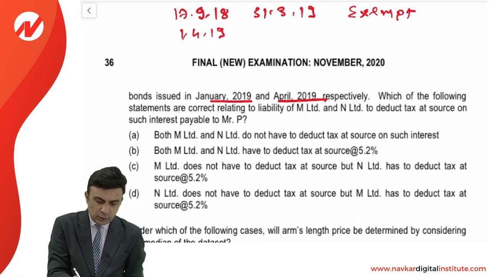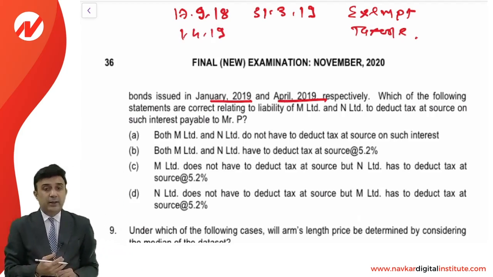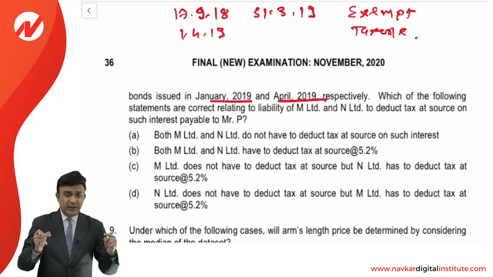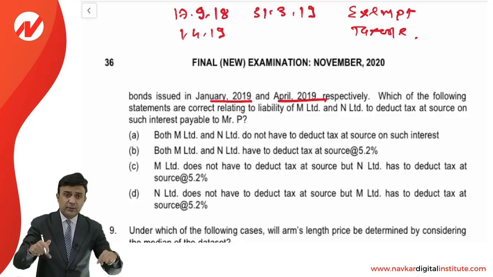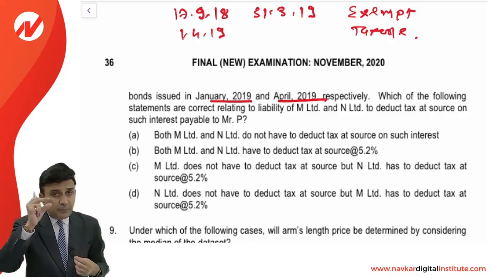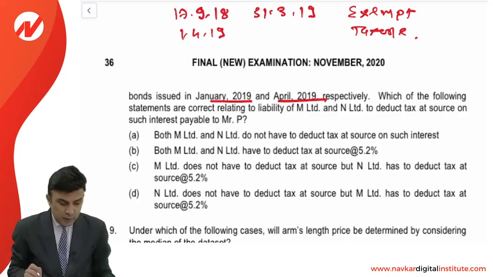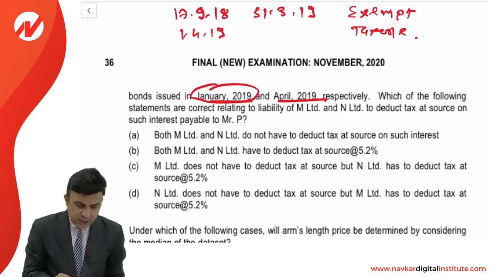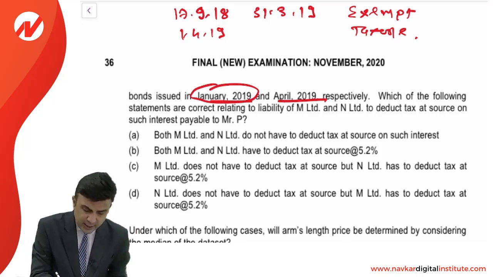If it is issued with effect from 1/9/2019, then only the interest will be taxable. See, it is not the period for which you are earning the interest, but it is the period within which the bonds are issued. Now, if I have the bonds issued on January 19, then the interest will be exempt.